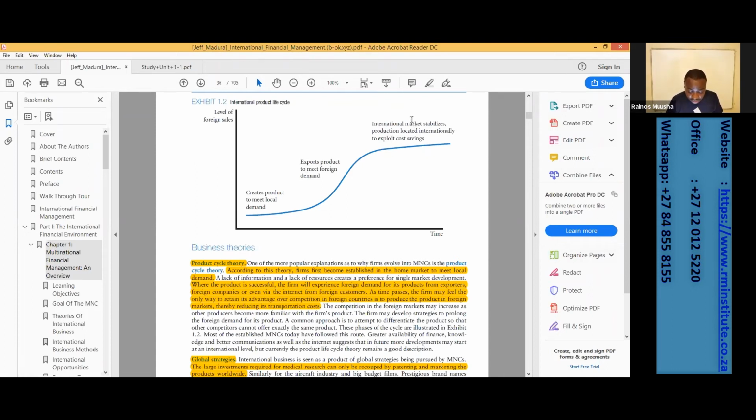So this is where the international market stabilizes, with production located internationally to exploit cost savings. The company sets up its subsidiary there, so that they are no longer incurring transportation costs, because the goods are now going to be made available locally where the subsidiary is set up.